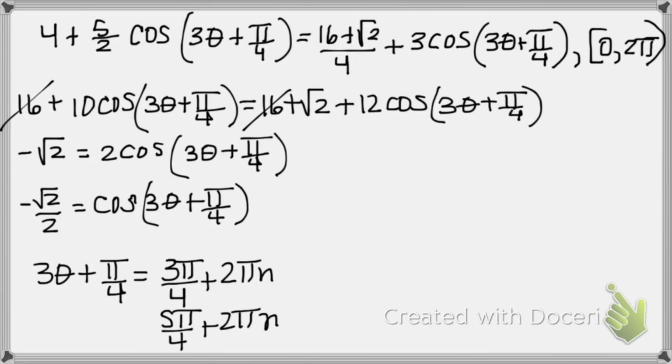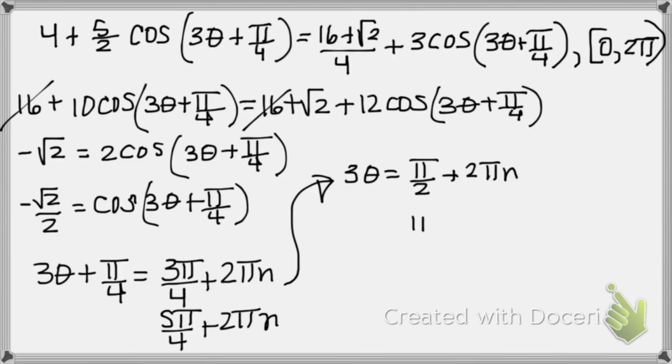And then there's an easy subtraction: 3 pi over 4 minus pi over 4 is 2 pi over 4, which we'll call pi over 2. So that's 3 theta equals pi over 2 plus the 2 pi n. And then 5 pi over 4 minus pi over 4 is 4 pi over 4, which is just a pi plus 2 pi n.